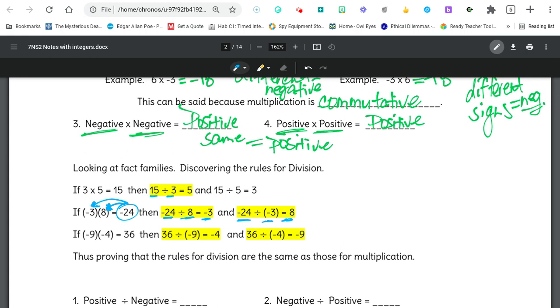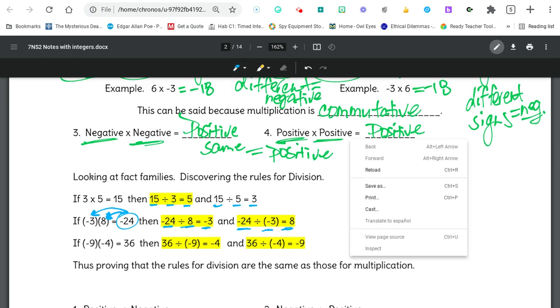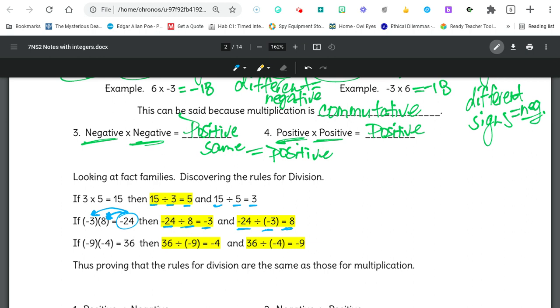A positive divided by a positive is a positive. Okay? These are the same signs. These numbers in the problem are the same. My answer is a positive. These numbers in my problem are the same. My answer is a positive. Look at the numbers in my problem here. Got a negative and a positive. These numbers have different signs.